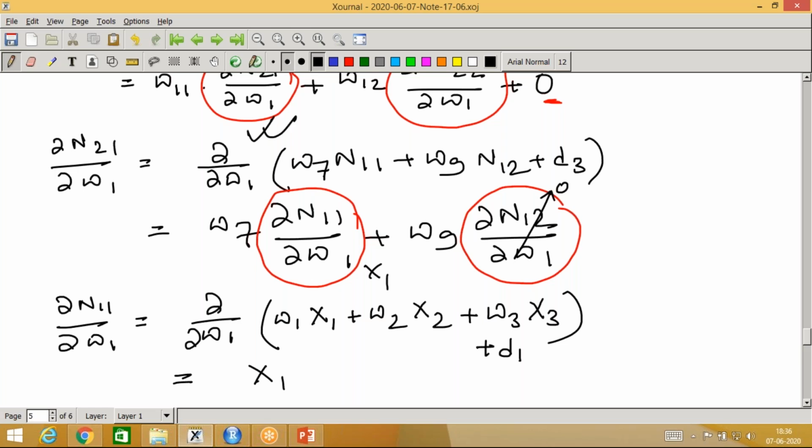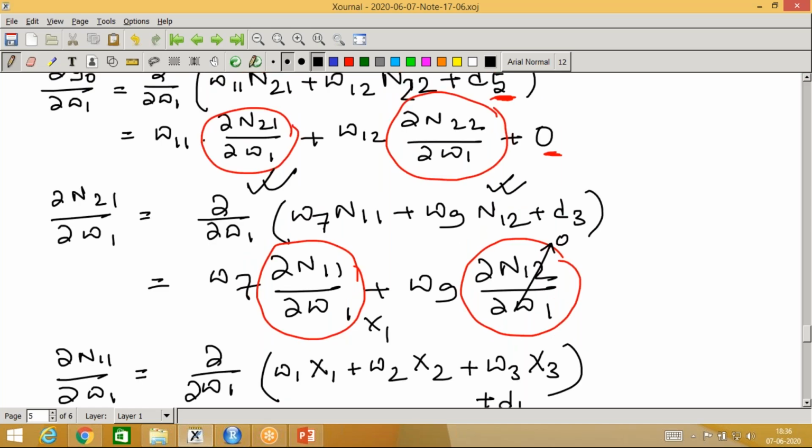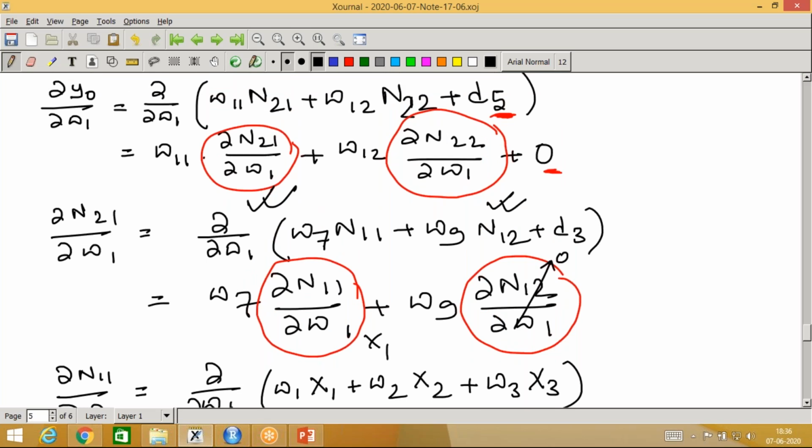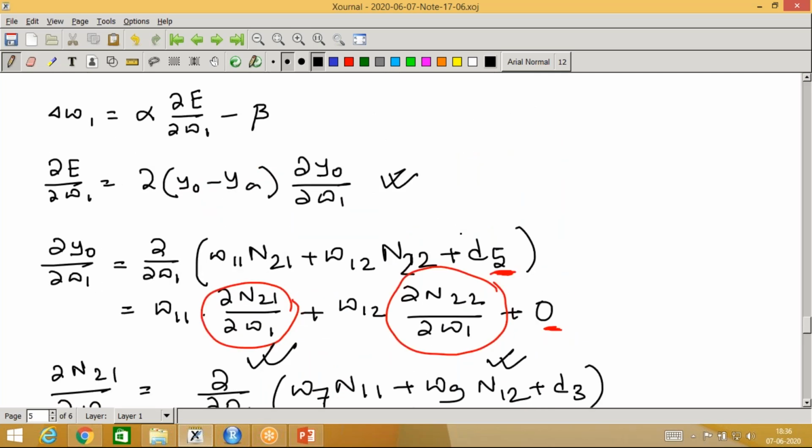I calculated this. Similar way I will calculate this. And once all this calculation happens, I will change my W1. That is for one single iteration.